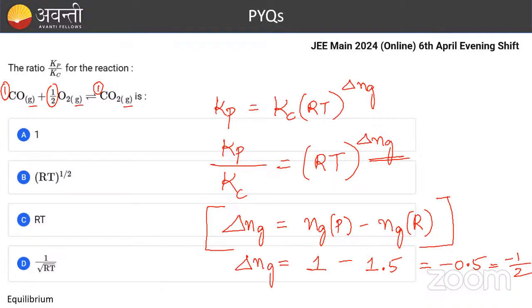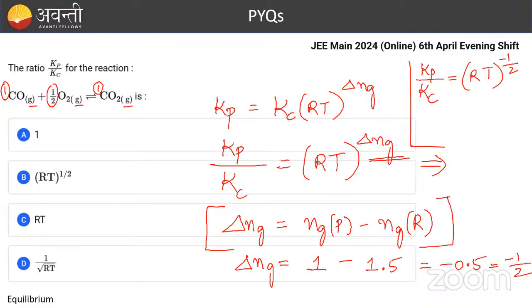Now we have to substitute in this equation. If we substitute, we get the Kp by Kc ratio equal to RT power minus 1 by 2. So in place of delta Ng, substitute minus 1 by 2.